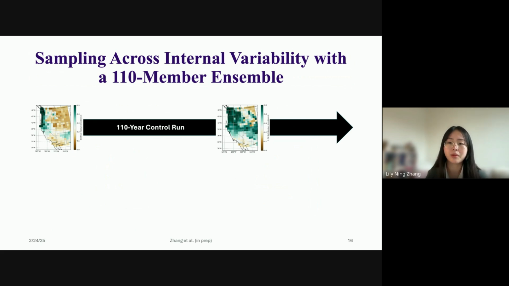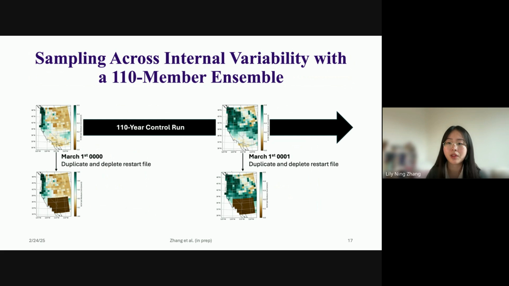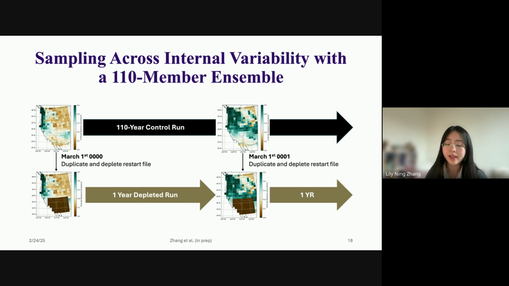Then within that control run, I pinpoint every March 1st, and I branch off to duplicate the restart file and deplete soil moisture, as I was just showing, over the Southwest. Once I have that, I can run my depleted restart file for a year to create this alternate timeline that I can then subtract against the control run to get anomalies as a result of our experiment.